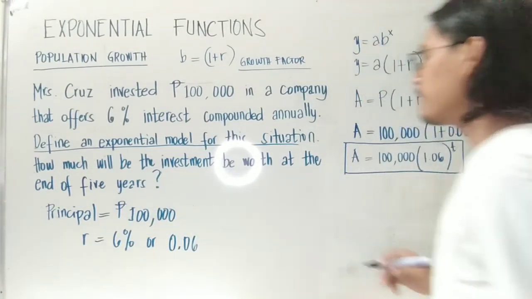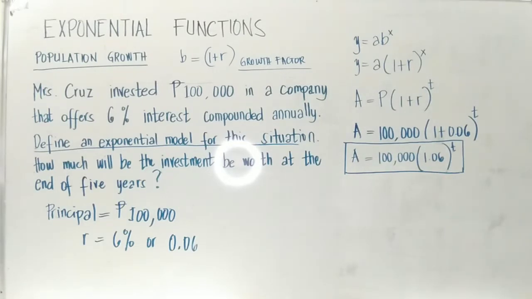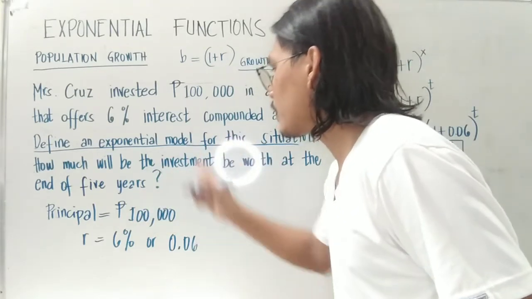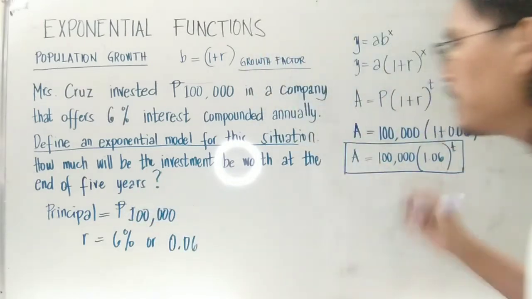So the second question is, how much will be the investment after 5 years? Using your exponential model, we can easily solve the investment after 5 years or any year you want.